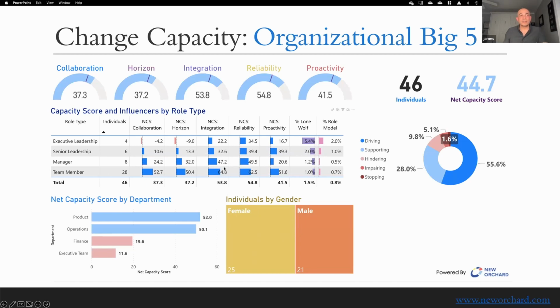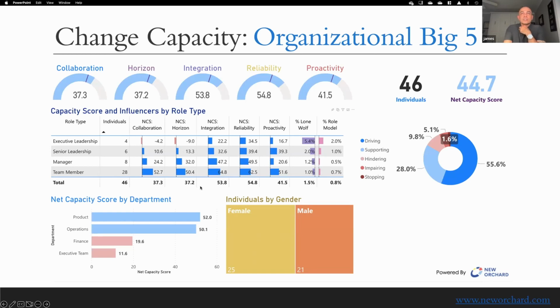When you start seeing lower numbers, low single digits, and it gets into the negatives, these are friction points in the organization. So it really helps you highlight where an organization needs to focus. And you'll see the areas that we're looking at, comparable to the Big Five types: collaboration, horizon, integration, reliability, and proactivity.